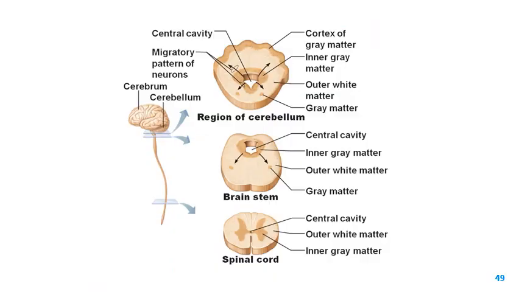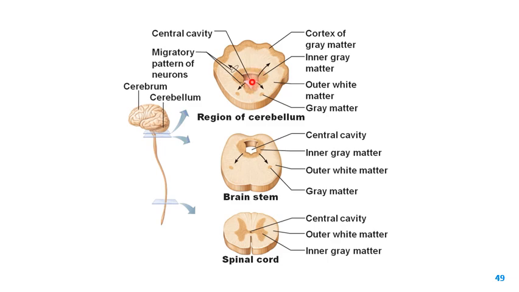So here is interesting when you look at the formation of the spinal cord, right? Very, very close to the brain, you still have your cortex that is made of gray matter. And notice that when you come out of that fourth ventricle, you have that ventricle that is extending to your medulla, to the spinal cord.